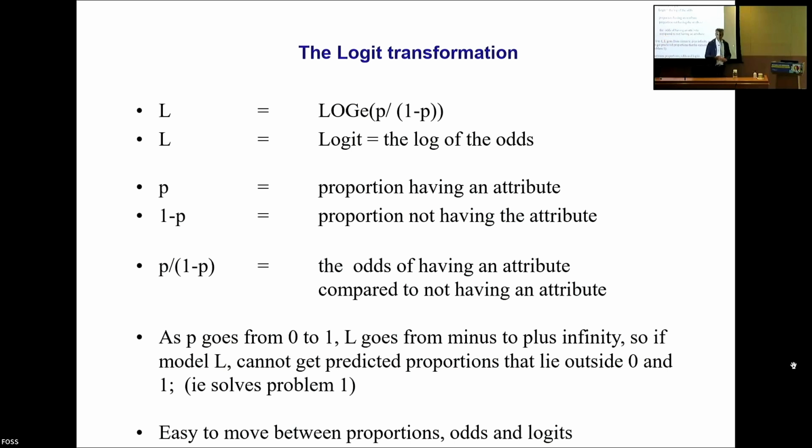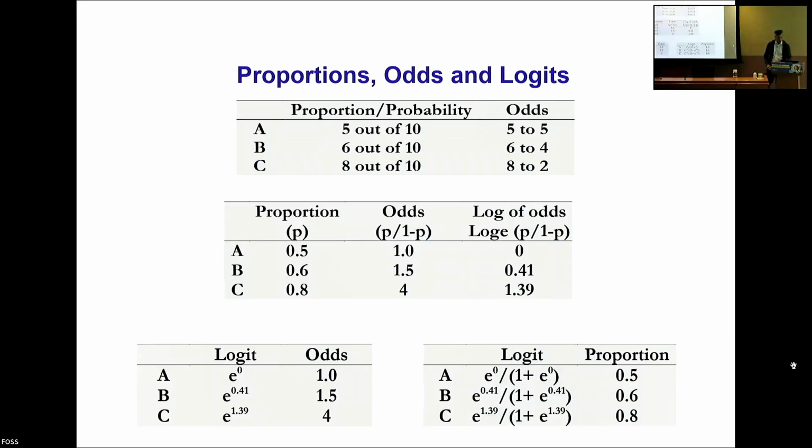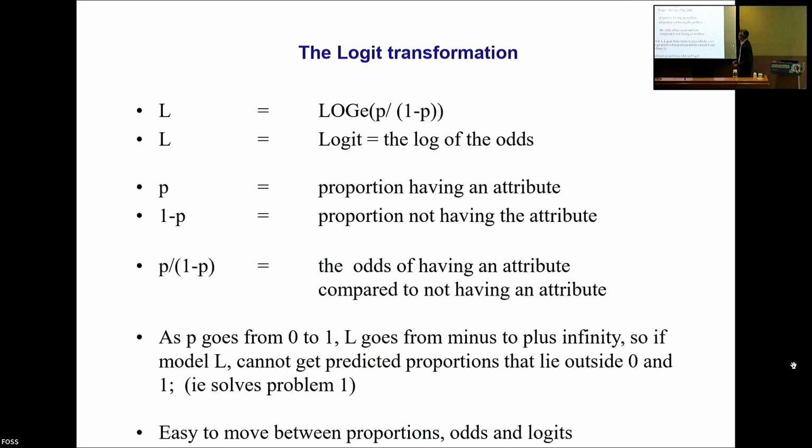The odds and proportions go together, but the interpretation of odds is that you only need two numbers: the number of people who have the characteristic of 1 and the number of people who don't have the characteristic of 1. I've got a few more examples later on.